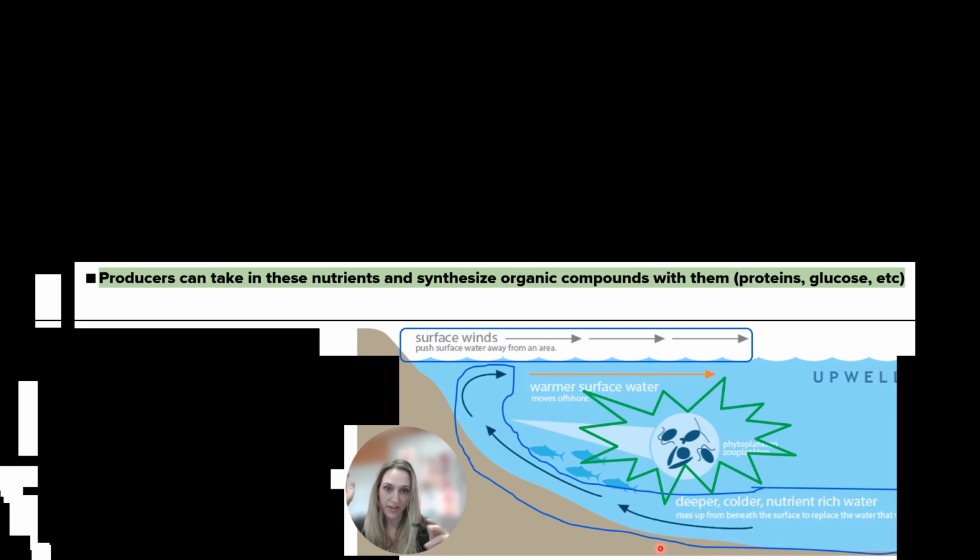Those are your photosynthetic, microscopic, floating organisms. That was already a vocab word for you. They can take in these nutrients that come up from the seabed and use them to make more biomass, to make more organic material, so glucose, proteins, anything like that. It also allows them to make more of themselves.